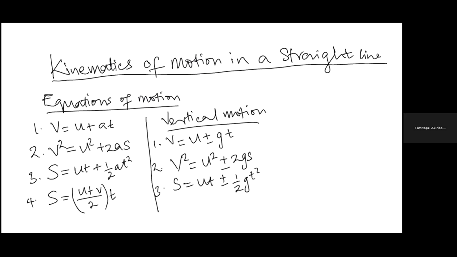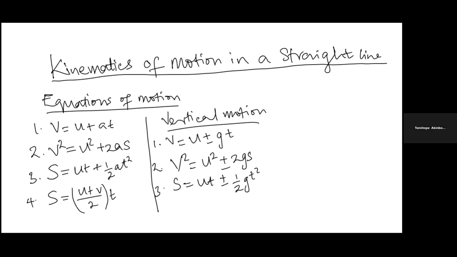Now, when are you going to use plus? When are you going to use minus? It depends on you, but by convention, if the object is moving up, you say it's moving against gravity, so you use negative.